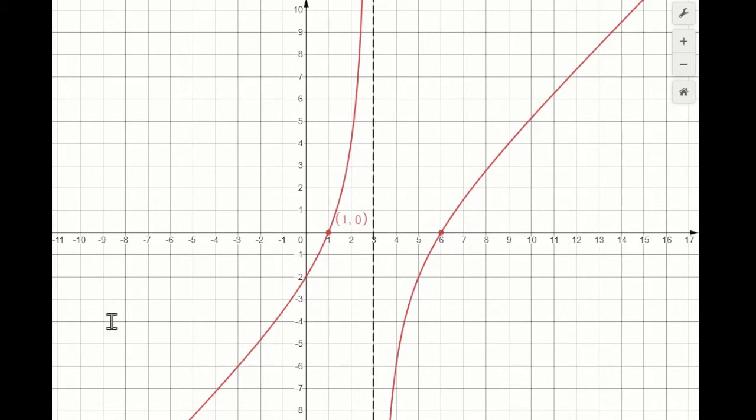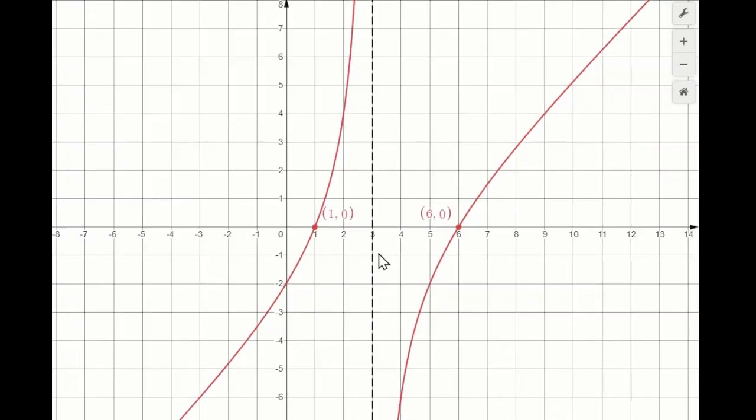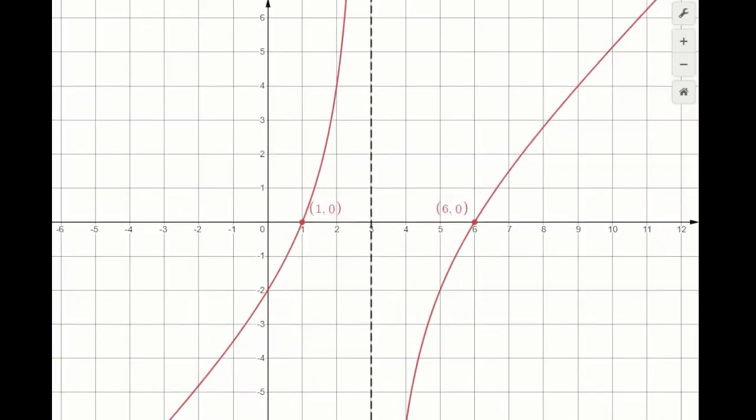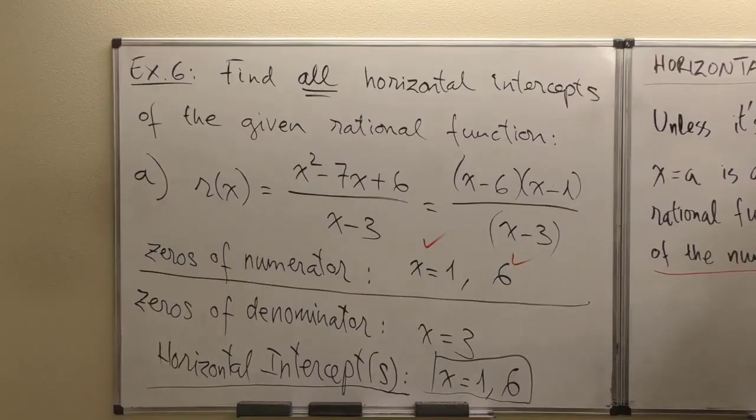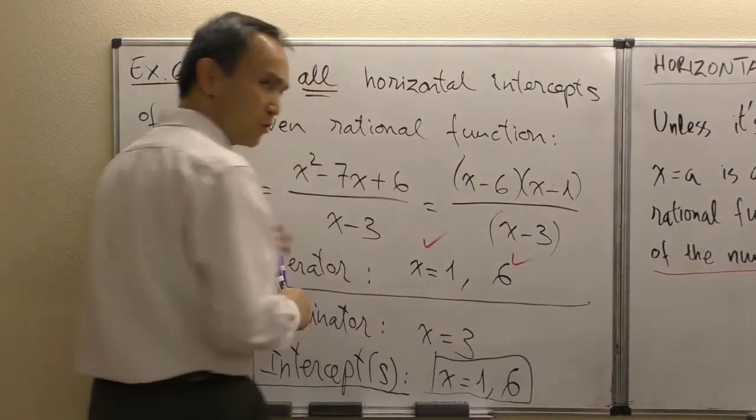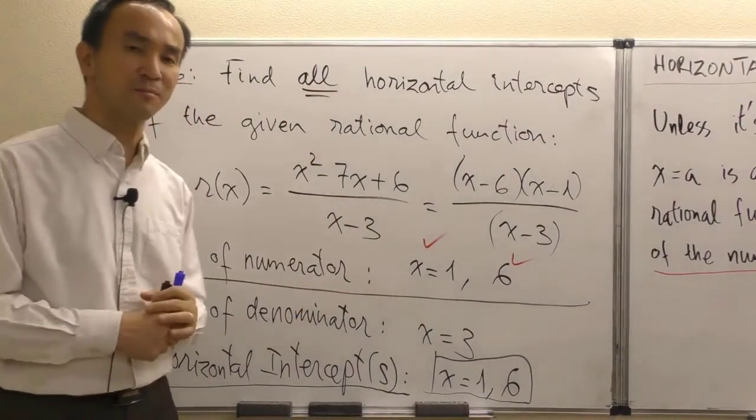The graph is showing 6, 0 to be that particular point. And that is how we have found the horizontal intercepts without using the graph, the solid method.